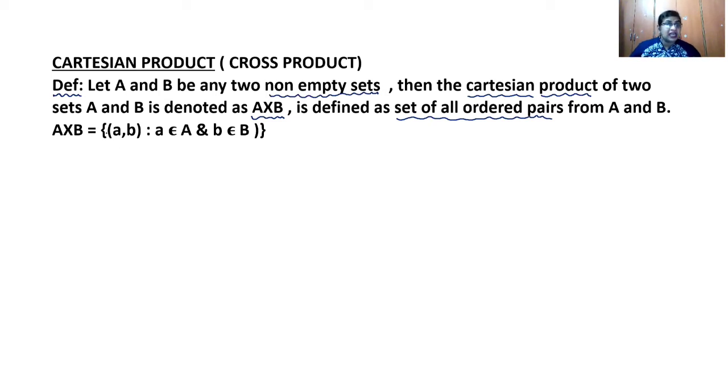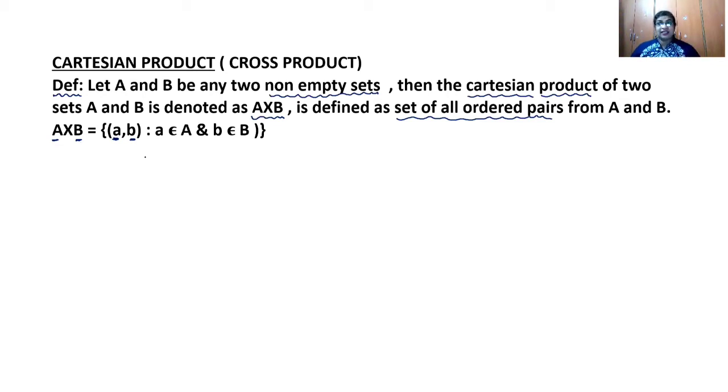In other words, A cross B is equal to the set of all ordered pairs (a, b) such that the first element a belongs to the first set only, and the second element b of the ordered pair belongs to the second set B. I hope the idea is clear over here.